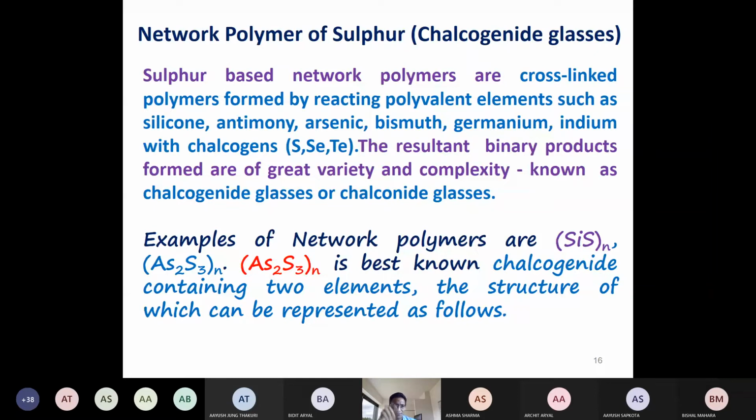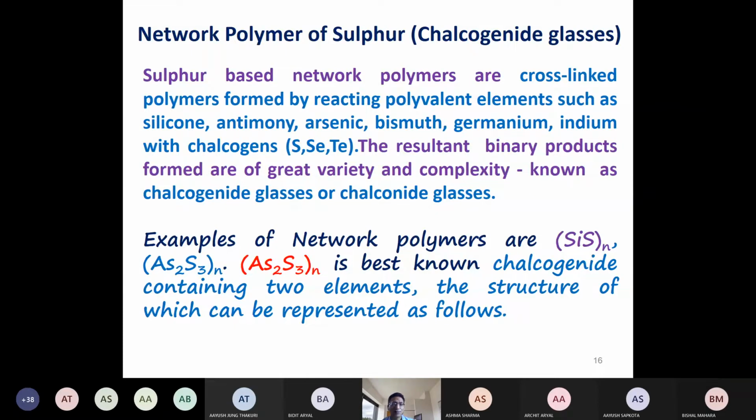When we do that, binary products are formed that have great variety and complexity in nature. This is known as chalcogenide glass or simply chalcogenide glasses.